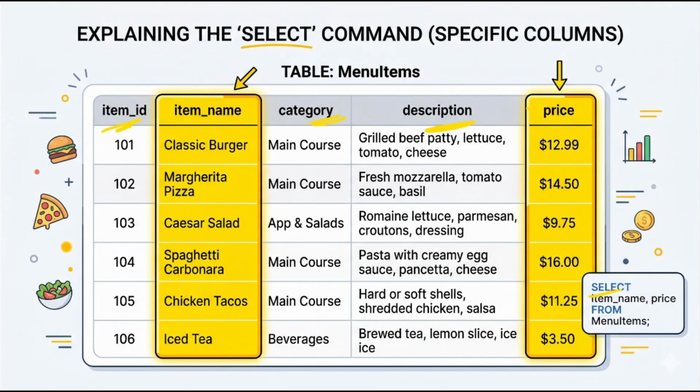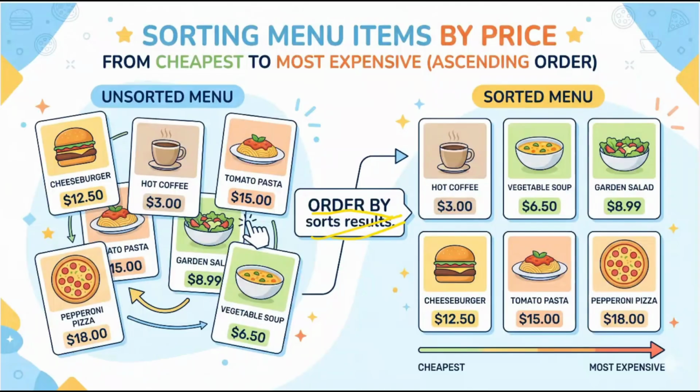For example, continuing on from the previous slides, we want to select some columns from menu items, and then we put ORDER BY price. So this shows the menu items from lowest to highest. If you want expensive first, we can use descending order.